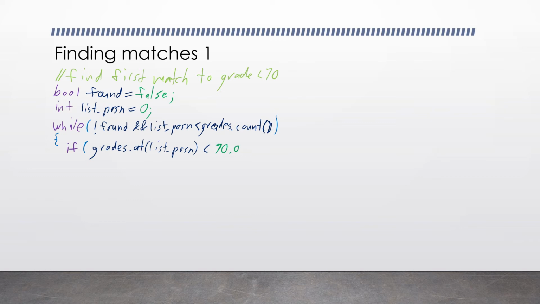Okay, we're using double values to store our grades. So if we found one, then found equals true. Easy. Else, list position plus plus. We go on to the next position in the list.